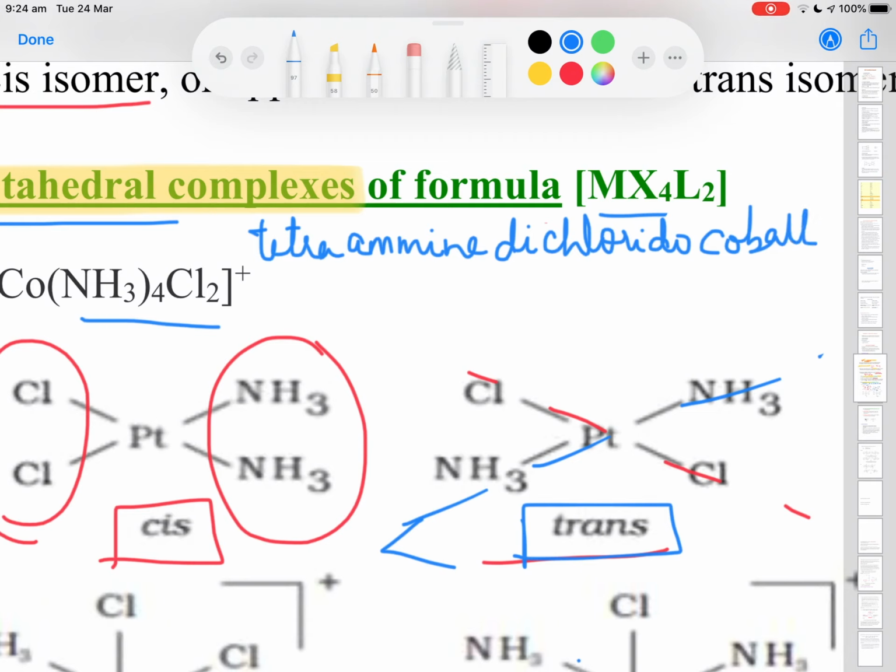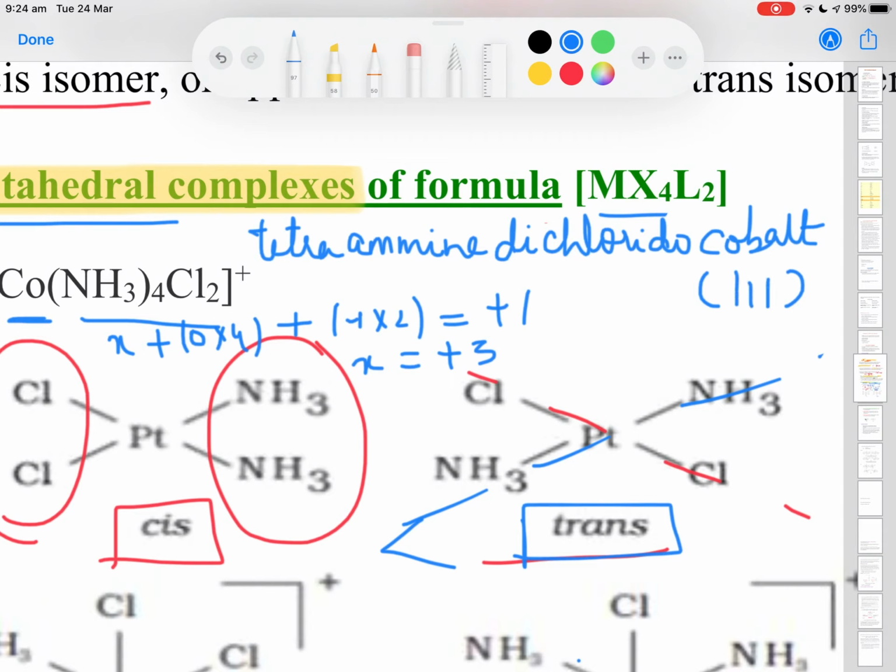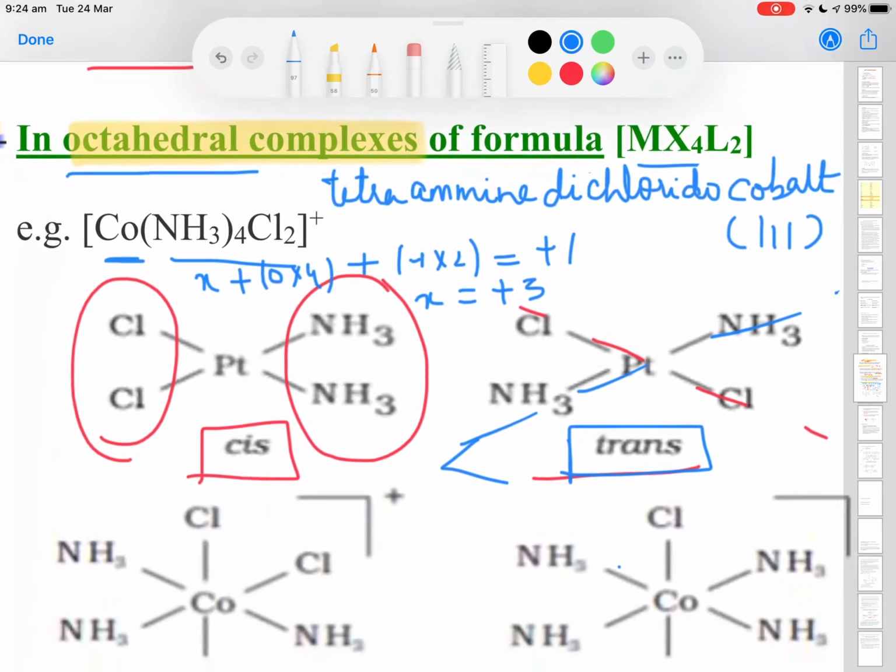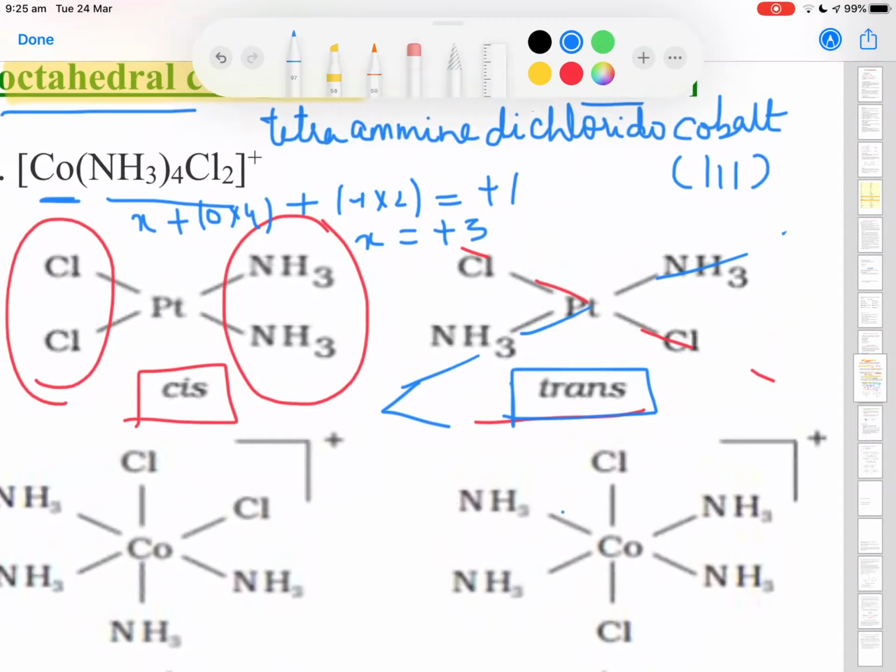And the oxidation state I have to calculate for the metal atom. So it's X plus 0 into 4, then plus minus 1 into 2 equal to plus 1. So the value of X comes as plus 3. So here I'm going to write 3 in Roman numerals. So that's the IUPAC nomenclature of this octahedral complex. That's tetraamine dichlorido cobalt(III).